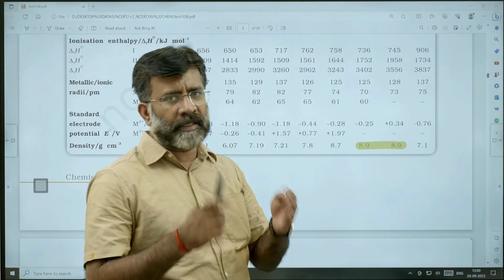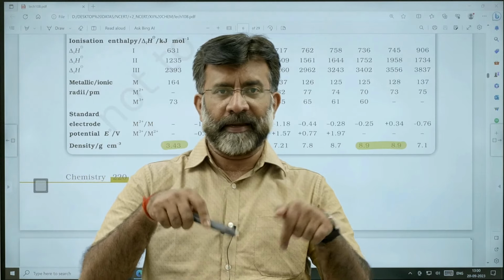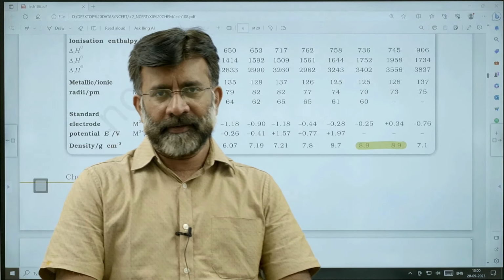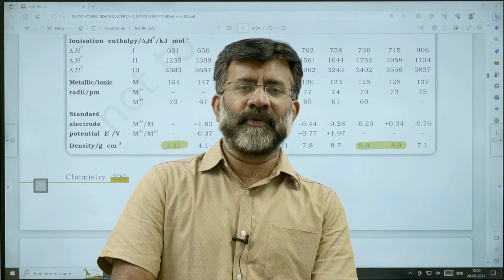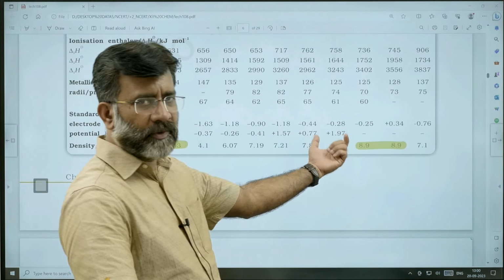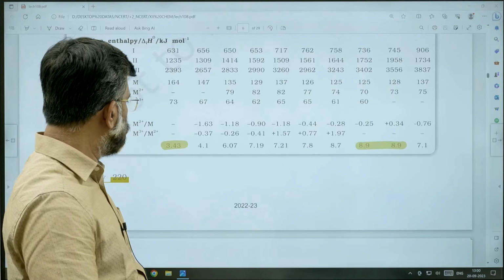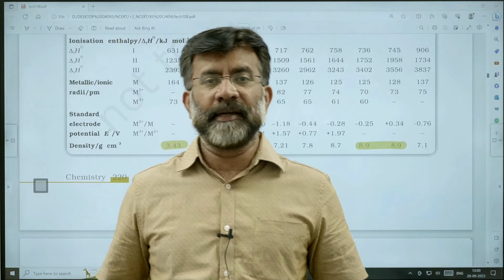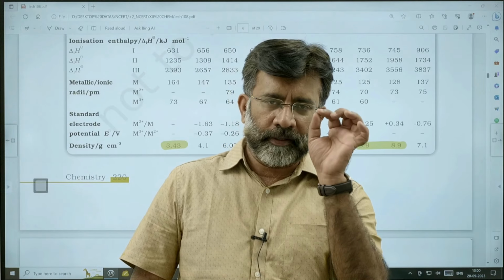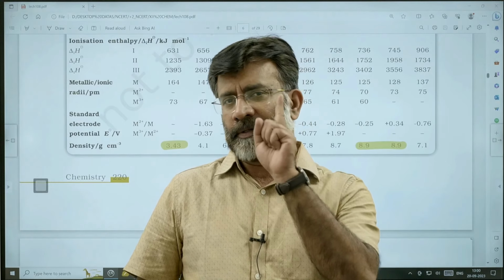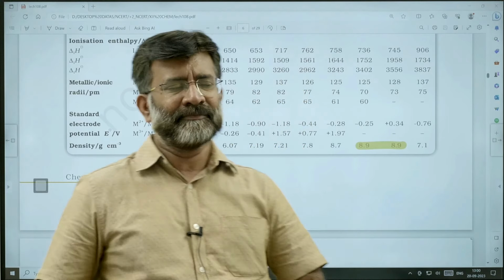In fact, zinc is less dense than the regular series, right? So the lightest metal will be scandium, the heaviest is observed in copper, with nickel almost coming equal in value. That's about the atomic and physical properties of the 3d series. I told you there are three important series, and a detailed discussion happens on the 3d series.